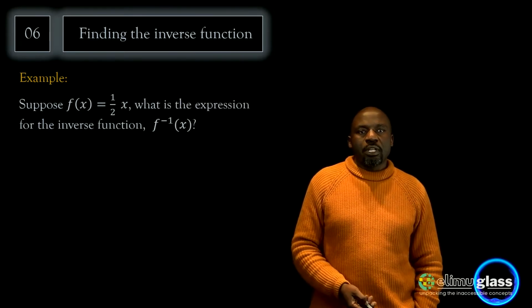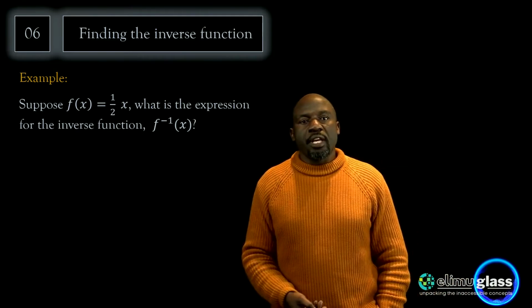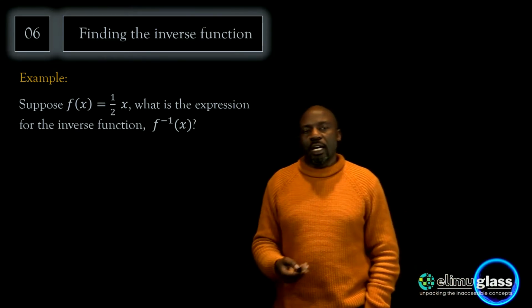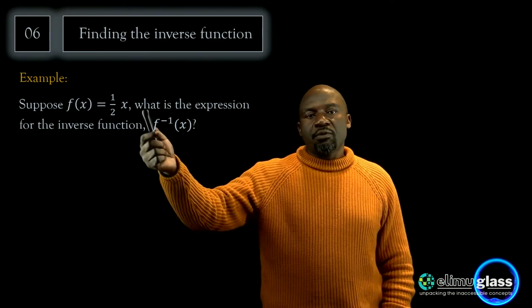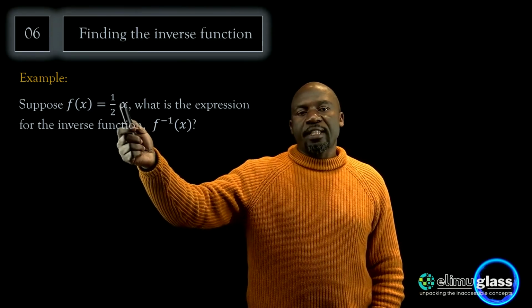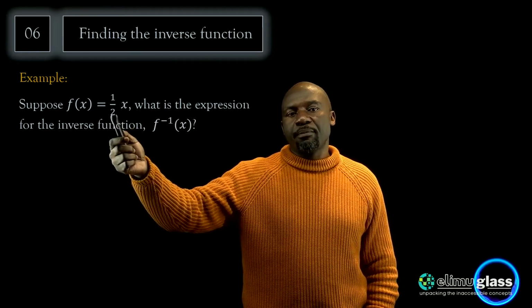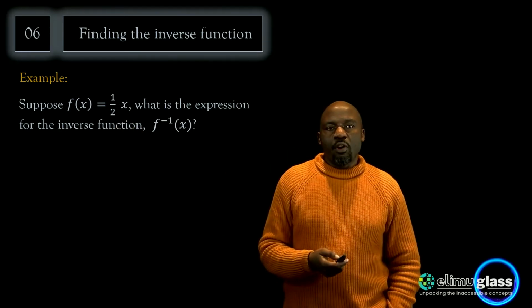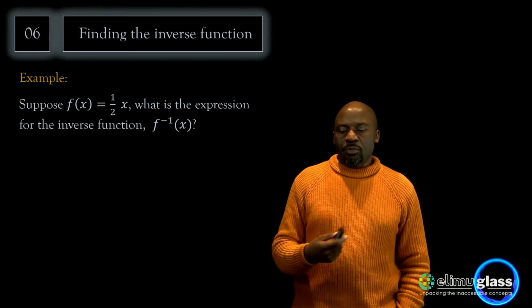So suppose f of x is a half x. What is the expression for the inverse function as given? So clearly, we look at what we have done to our variable x. We are taking a half of x. In other words, we are taking x and dividing by 2. So the operator being used there is division. So the inverse of division is multiplication.